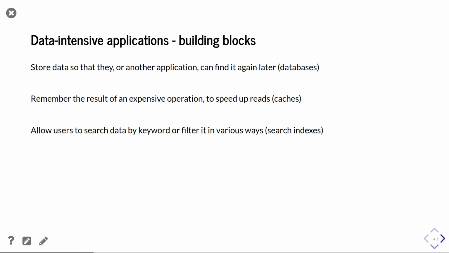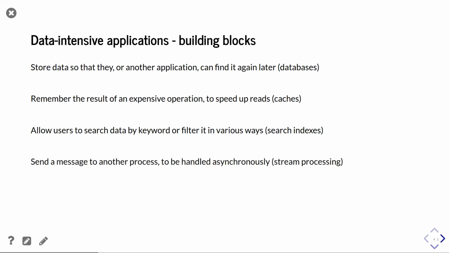Search indexes, which allow users to search data by keyword or by filtering the data in many ways. Stream processing, which sends messages to another process to be handled asynchronously. And the last one is batch processing, so periodically crunching a large amount of accumulated data.